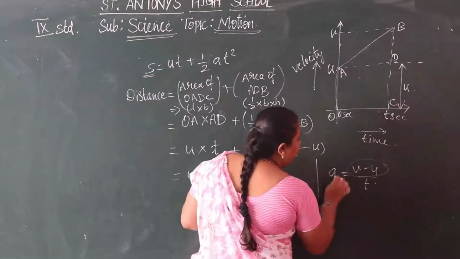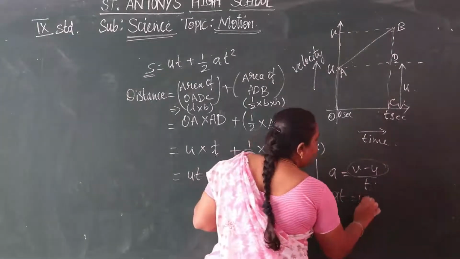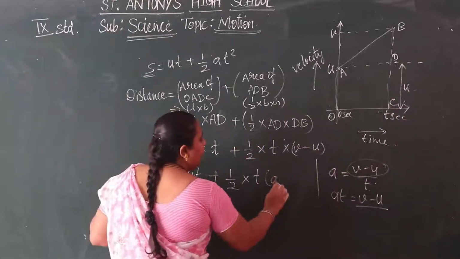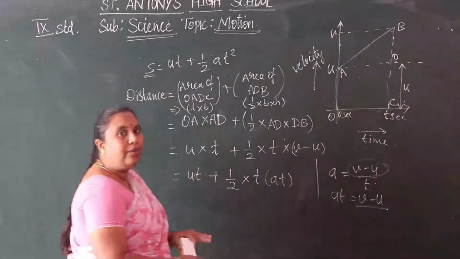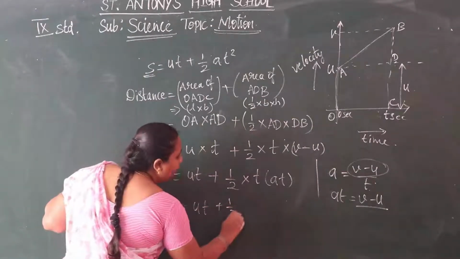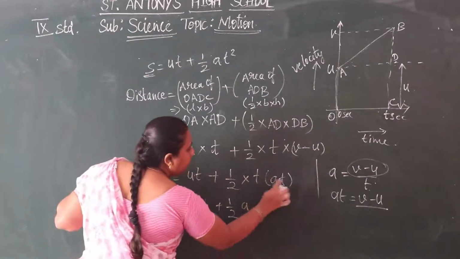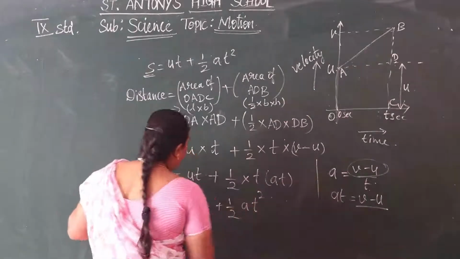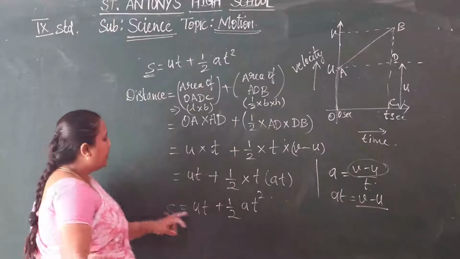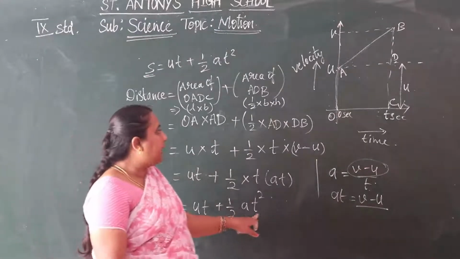So at equals v minus u. So we are substituting v minus u as at here. So now we have ut plus half into a into t square. So s equals distance, s equals ut plus half at square.